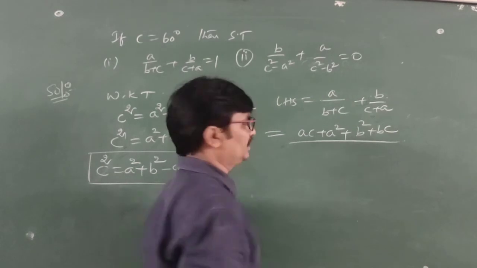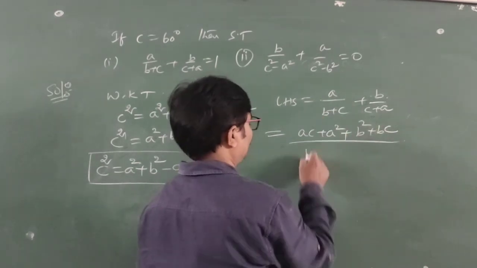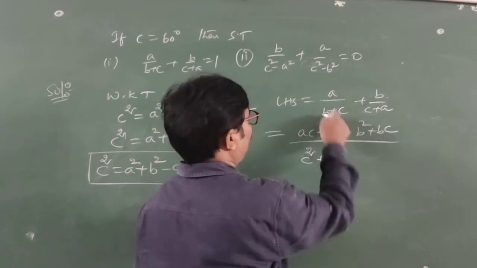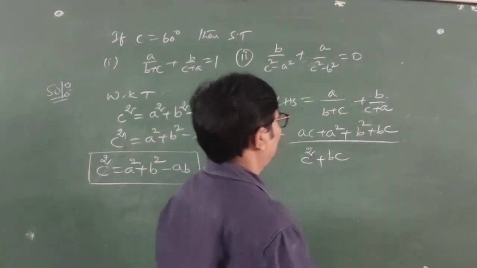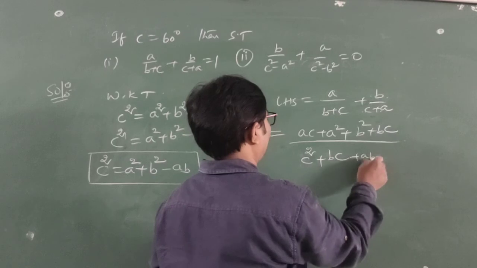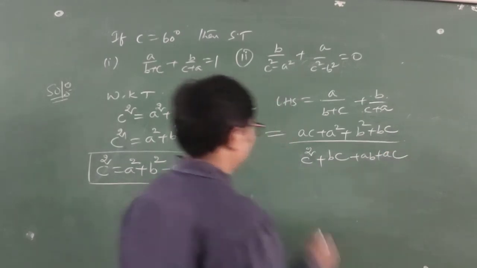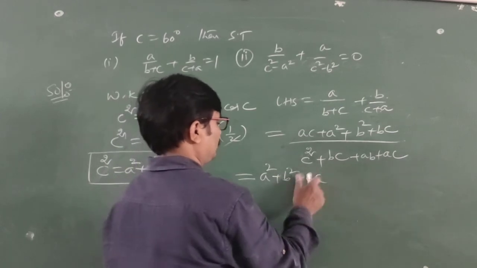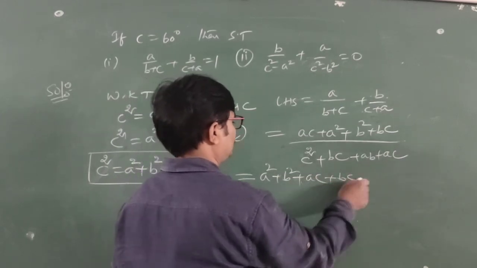Now the denominator, we multiply (b+c)(c+a): c into c, c²; b into c, bc; after that a into b, ab; plus ac. Dear students, the numerator is a² + b² + ac + bc.